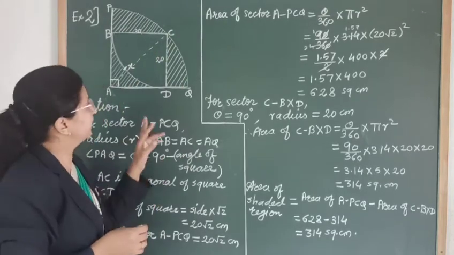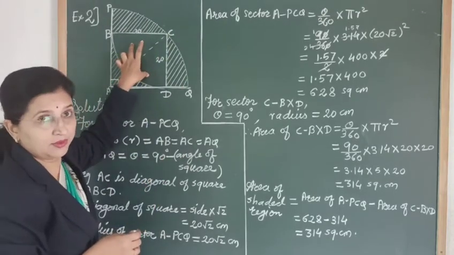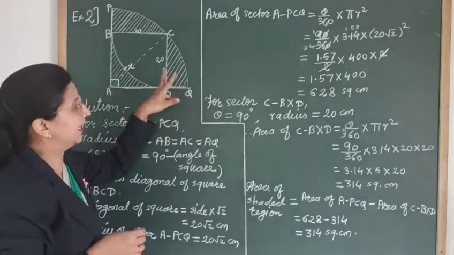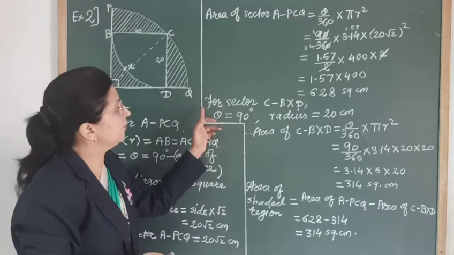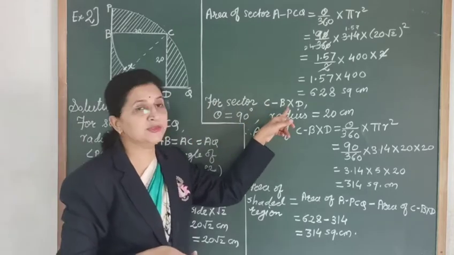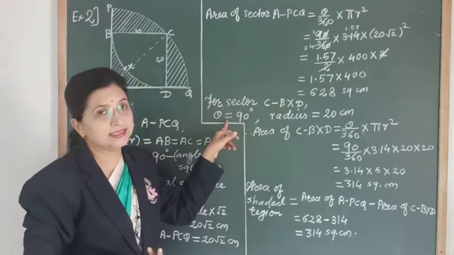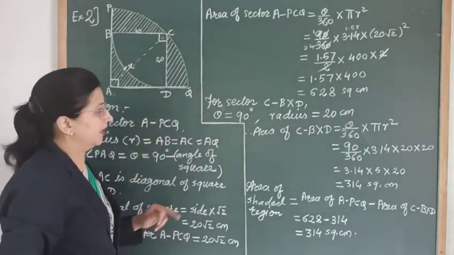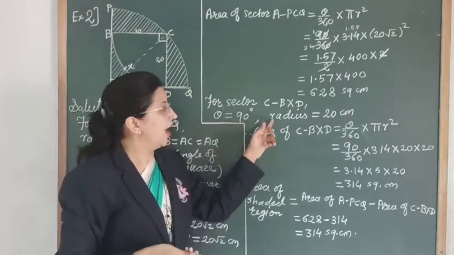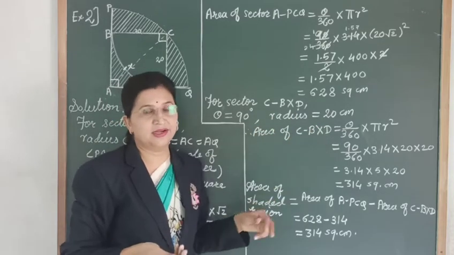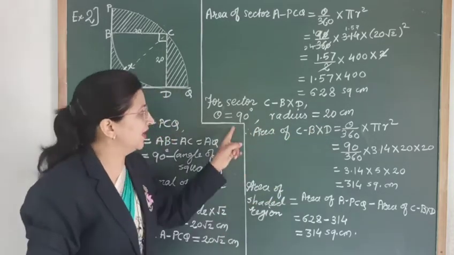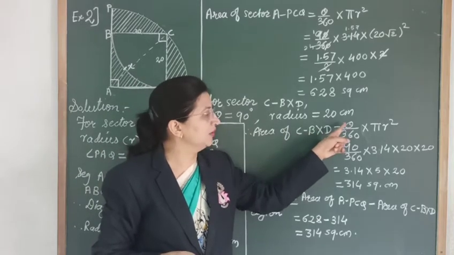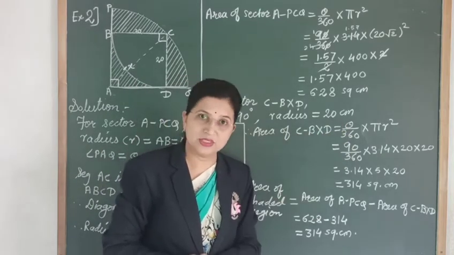Okay. Now let's find the area of the smaller sector, because if we remove the smaller one from the larger, we will get the area of the shaded region. So for the smaller sector C' DXD, theta is 90 degrees, right? This central angle is 90 degrees as the angle of a square, and the radius is 20 centimeter, which is already given in the question. So let's find its area. Area of sector C' DXD is equal to theta upon 360 into pi r square.